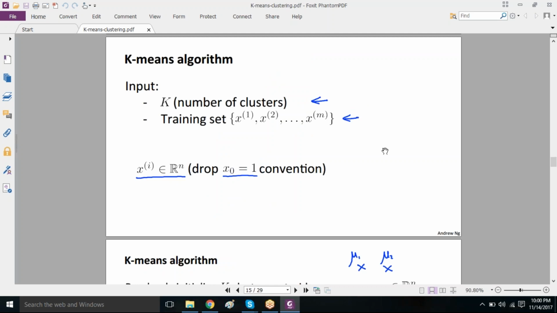Again, shifting the data points every time? No, the data point is not shifted. The mean is shifting actually. Data points remain there. Data points are assigned to the nearest cluster. Whatever is nearest, it will get assigned.